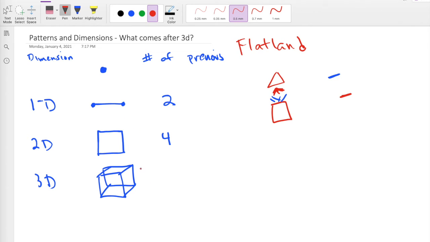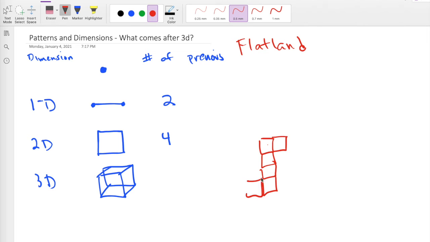So how many of the previous are used in order to make a cube? Well, if we unpack a cube, we get the top, the bottom, and then the 4 edges around the shape, the front, the back, the left, and the right. So really there are 6 squares being used to make a cube.